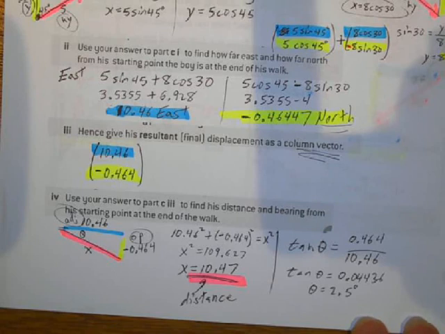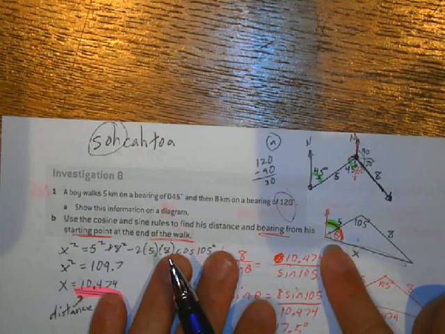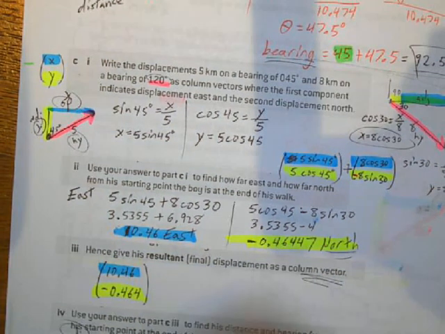So if I think of my direction, remember my triangle looks like this, right? So I've got this angle, and hold on a second. Let me just redraw this.